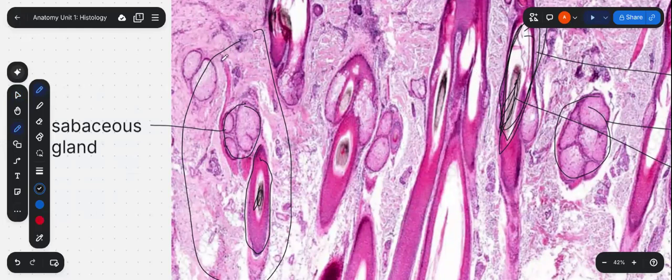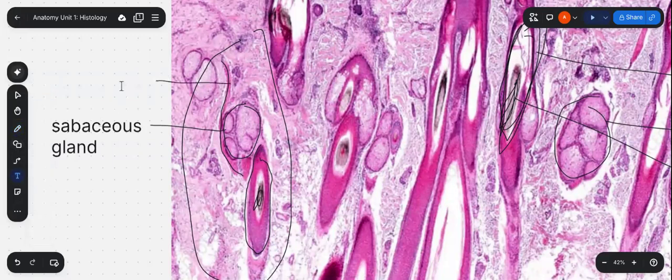Now, this tiny little strip of pink over here, this is going to be your erector pili muscle, and you can see that it connects to the hair follicle or the hair shaft over here. So this skinny piece of pink is your erector pili muscle.